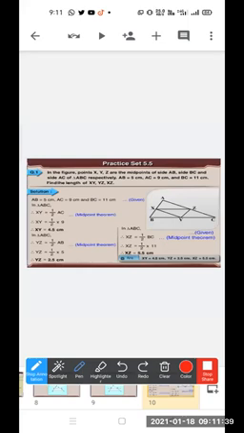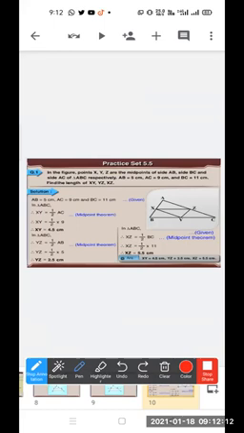In the figure, X is the midpoint of AB, Y is the midpoint of BC, and Z is the midpoint of AC. We have to find the length of XY, the length of YZ, and the length of XZ.